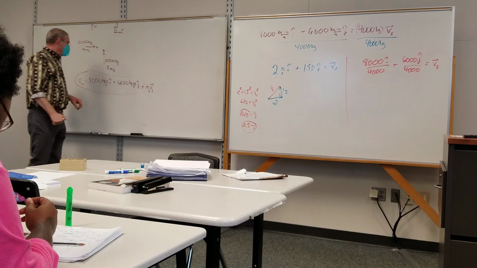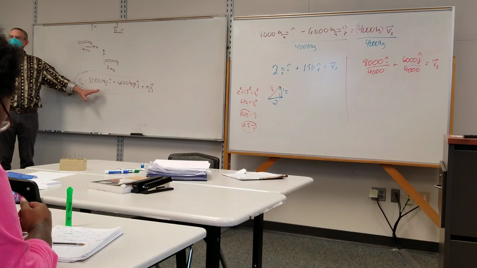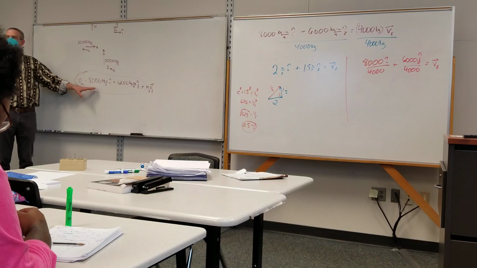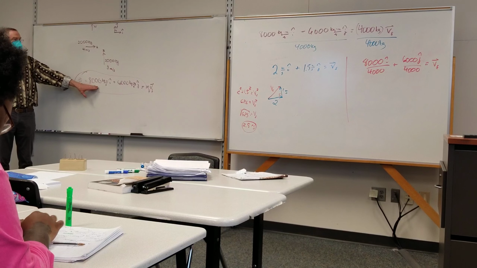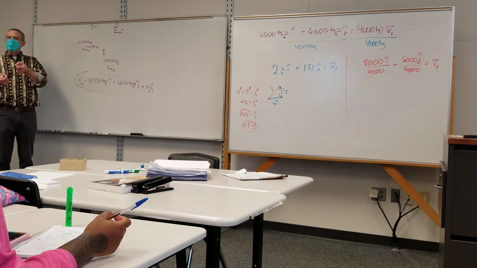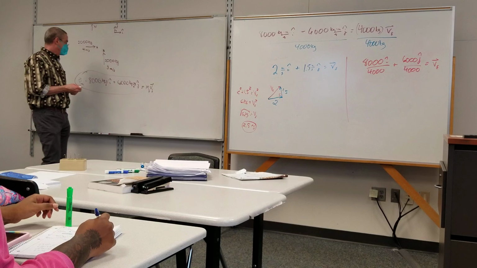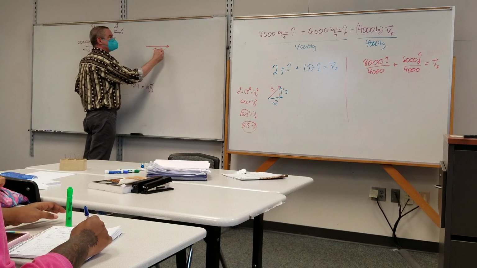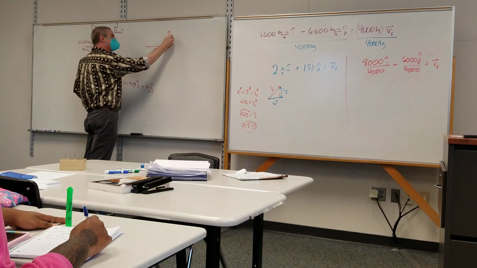All right, so this was my final momentum, but I could have also found my final speed by finding the magnitude of my momentum first. So let's do the Pythagorean theorem at this point, find out the magnitude of my total momentum, and then find the final speed. So I have 8,000 going to the right, and I have 6,000 going up.